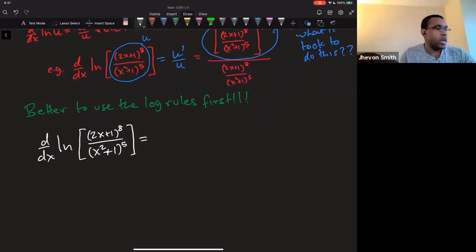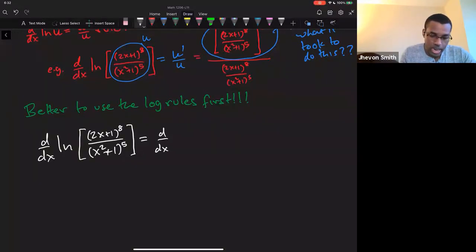And instead of just trying to differentiate that, I'm actually going to simplify it. And how can that simplify? Well, it's log of a division. So I can actually change that into a subtraction of logarithms. And then I have the powers on top. So each of those powers, the 8 and the 5, would go down in front of their respective logarithms.